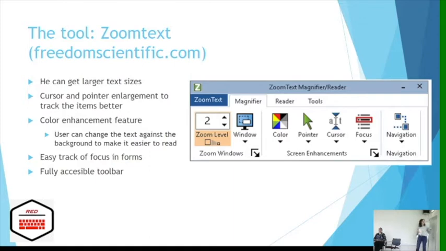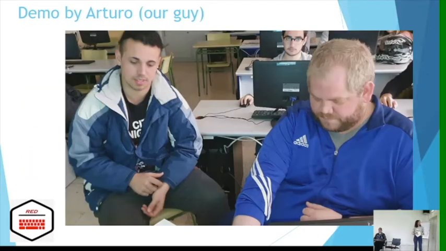So he manages all the tool with the keyboard. So this toolbar is always accessible for him. So here you have Arturo, and he's going to answer some questions about how he uses this tool.